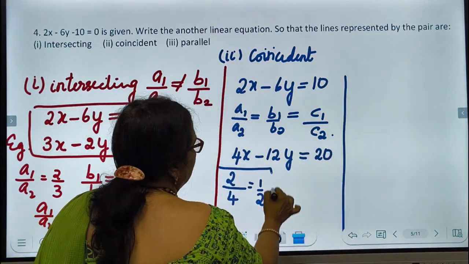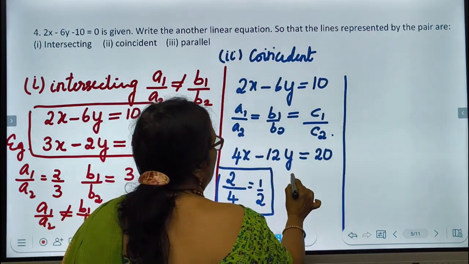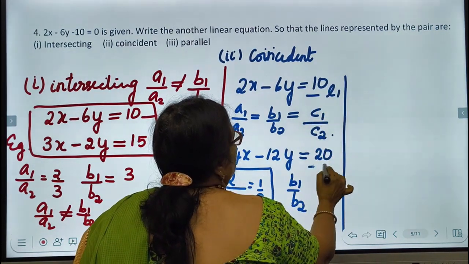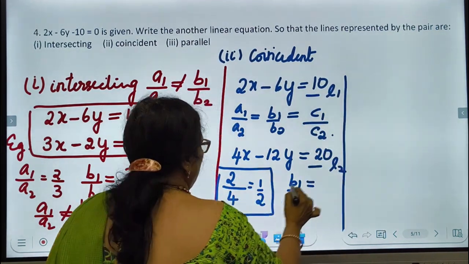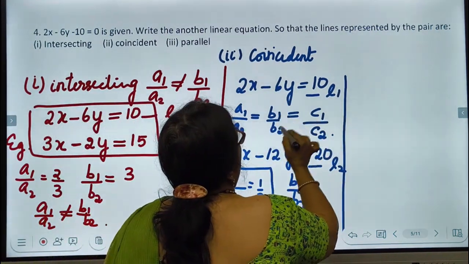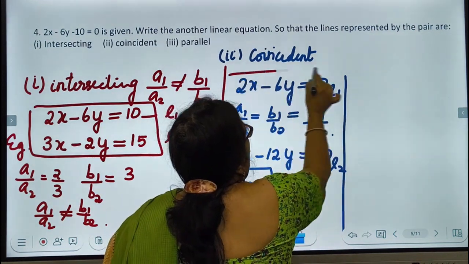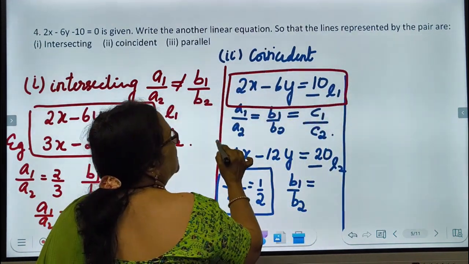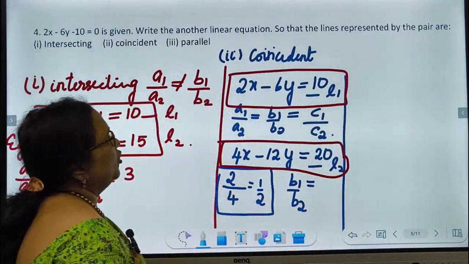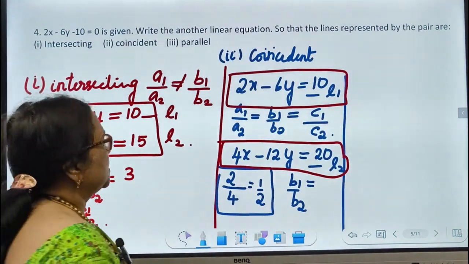Now you check the condition. A1 by A2 is half. B1 by B2, this is L1, this is L2. These are the two lines. This is one line and this is another line I have suggested for you so that the lines are coincident.